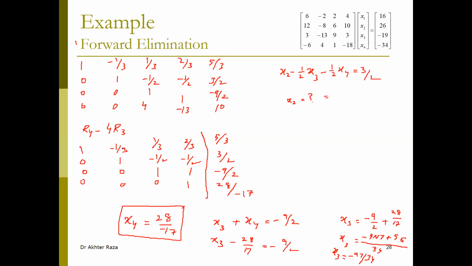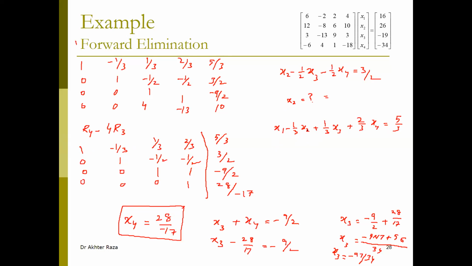In the same way, you have to use equation number 1. In equation number 1, we have x1. 1x1 is x1 minus 1 by 3 x2 plus 1 by 3 x3 plus 2 by 3 x4 is equal to 5 by 3.